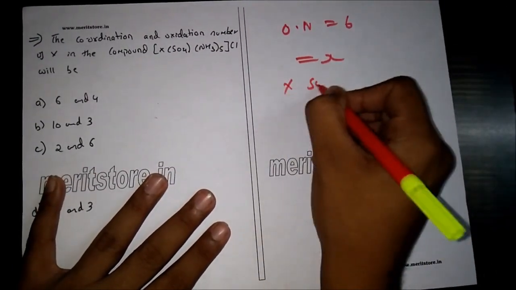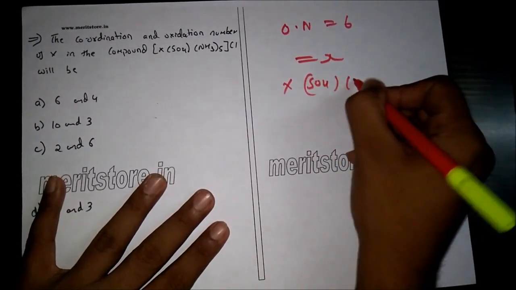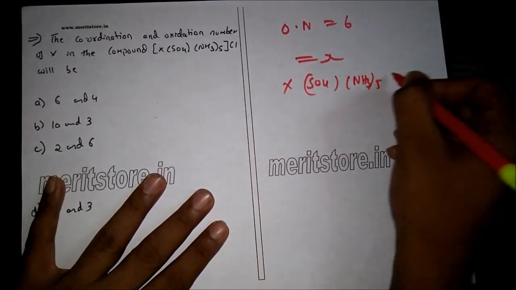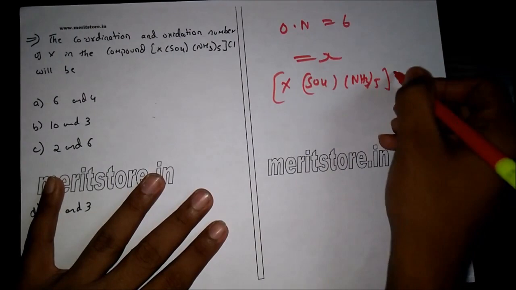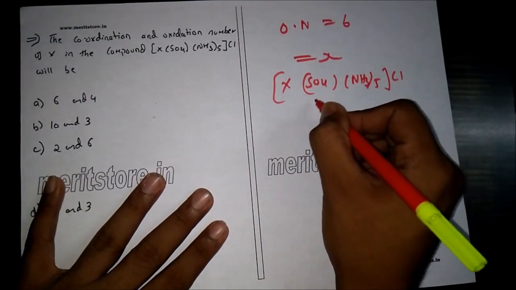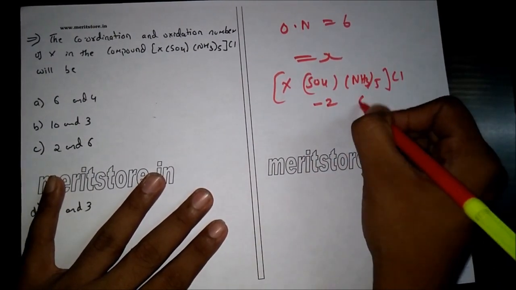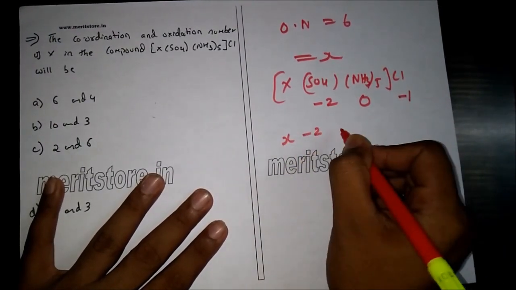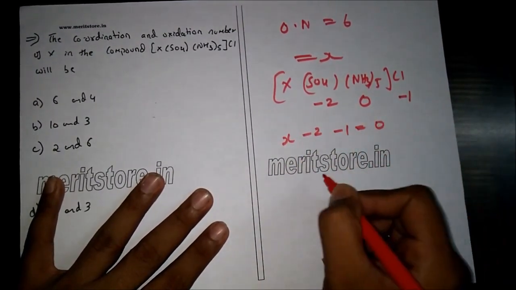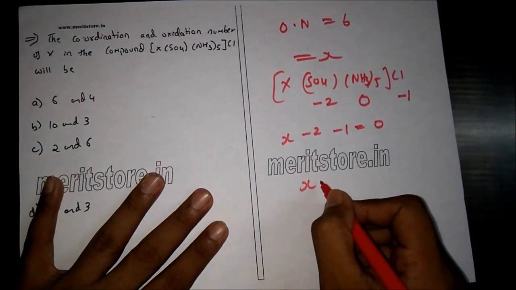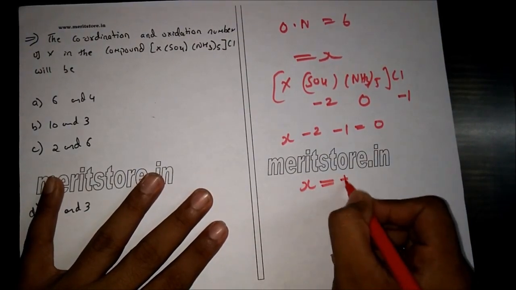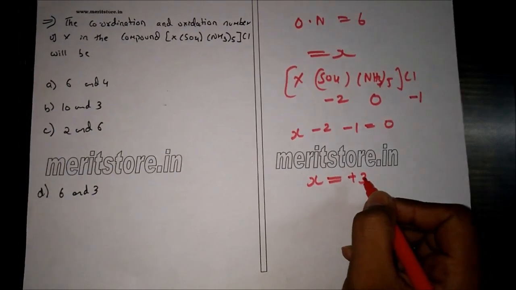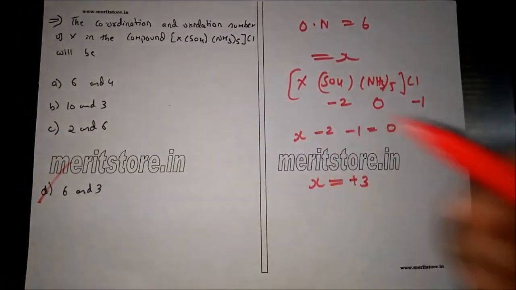Therefore, the oxidation number of SO4 will be minus 2, NH3 will be 0, and Cl will be minus 1. Therefore, x minus 2 minus 1 is equal to 0. Therefore, the oxidation number of X will be equal to plus 3. Therefore, the correct answer is option D, 6 and 3.